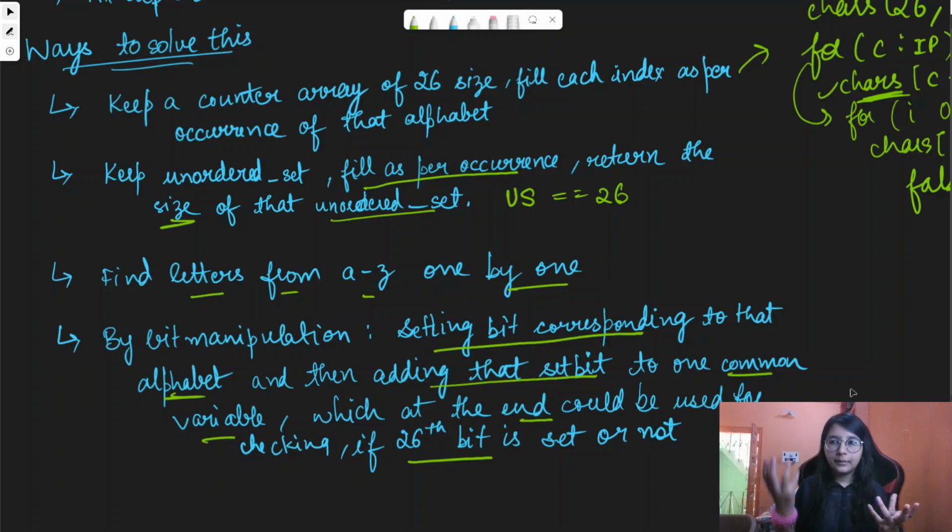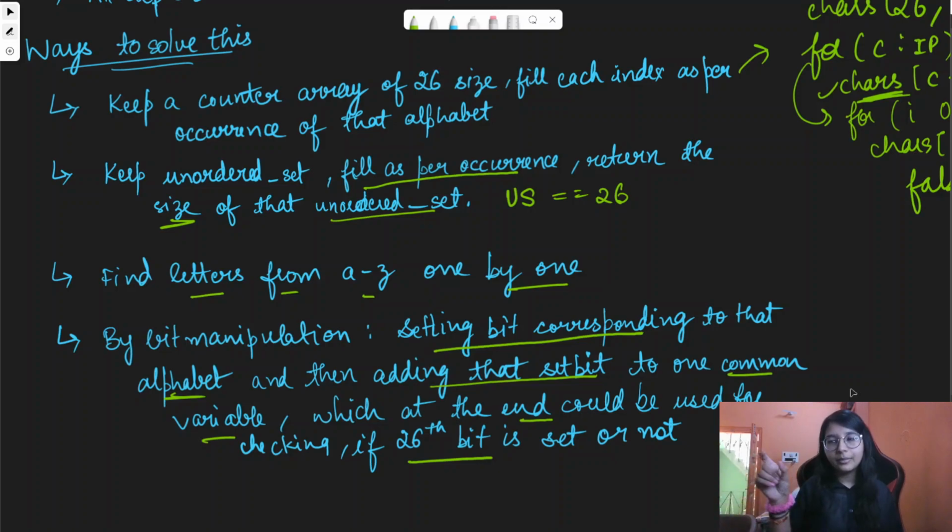Now, why I have told you about the multiple ways is that there was one question asked in Amazon whose base level started from the same kind of question. So from there I made a habit that whenever an easy question comes up, we should try to solve it in several ways.